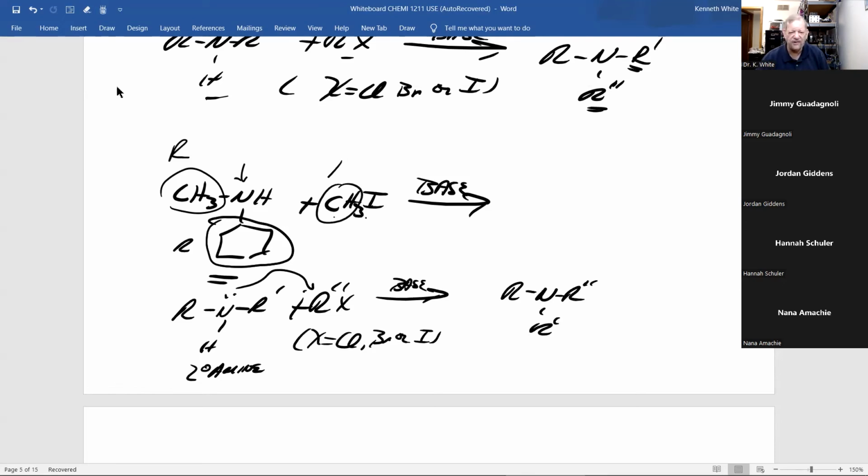And what's our double prime? Methyl. So one way I could write this product is this. Another way you could also write it, both would be correct on a test. Notice I have 2 methyl groups on the nitrogen, and I could write it like this.